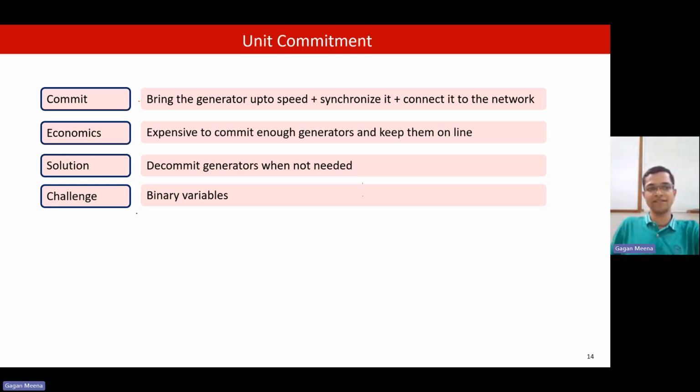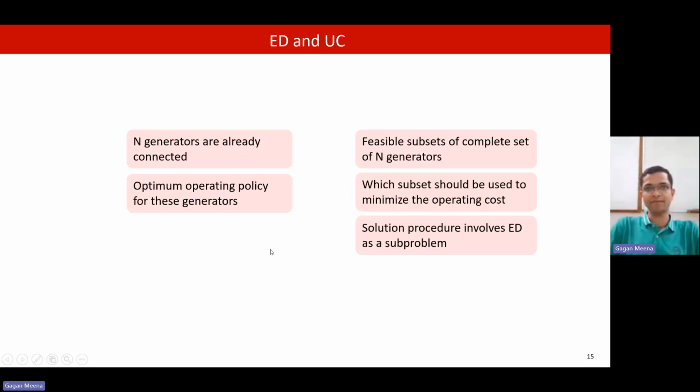Now the challenge is that they result in binary variables. As I've already said, in ED all the generators are on, so they will have to be at least at P minimum. Now we are saying that it can be zero also. It can be zero, and if it is on, then it has to be at least P minimum. So we are introducing binary variables here, integer variables.